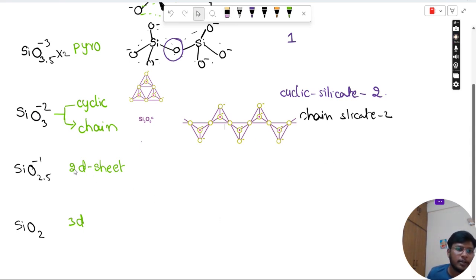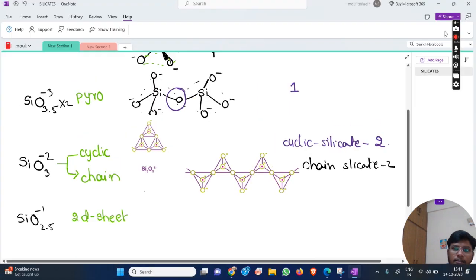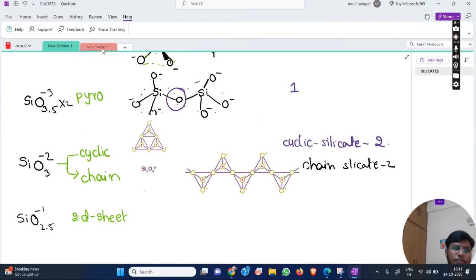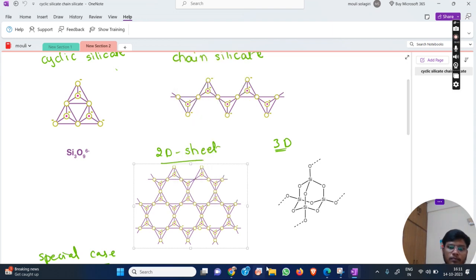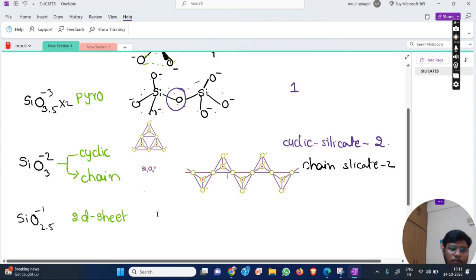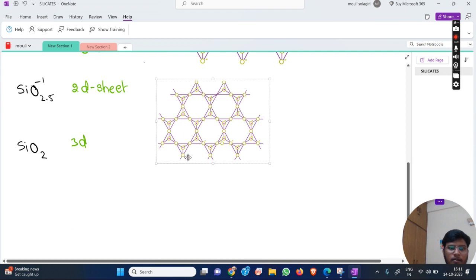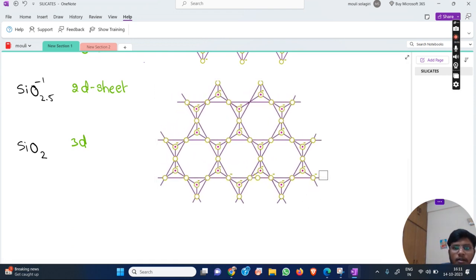When we are moving to 2D, 2D silicates are like this. These are 2D structures. I'll paste it here. For your convenience, I'm going to increase the structures now.